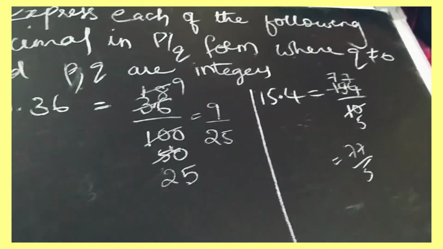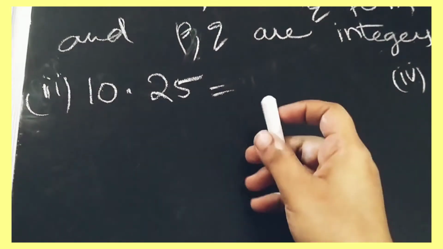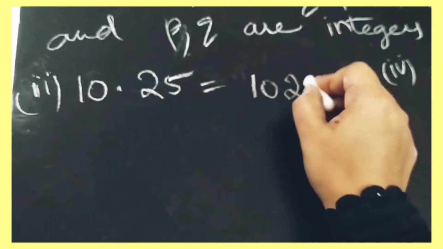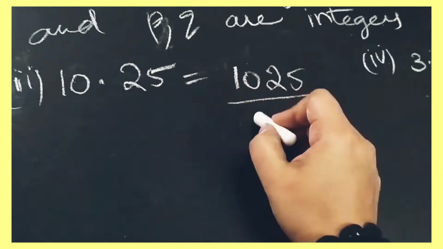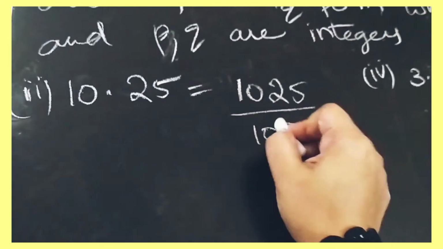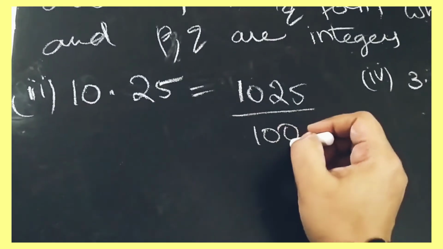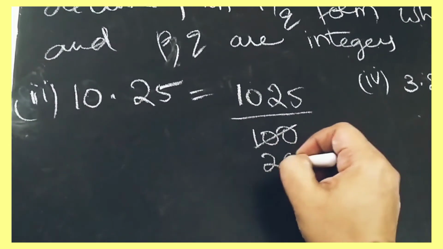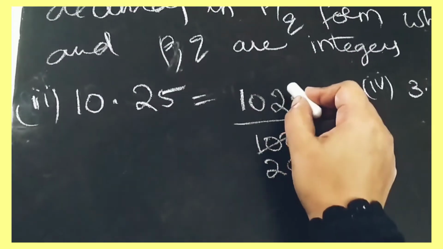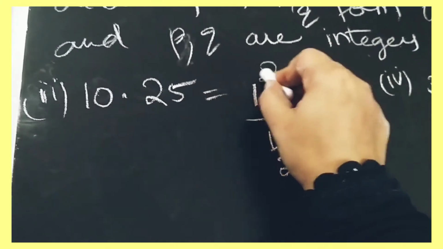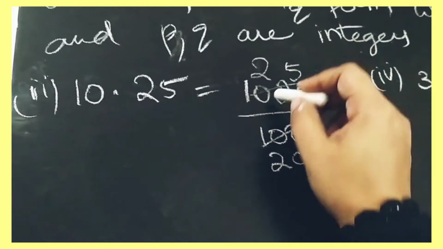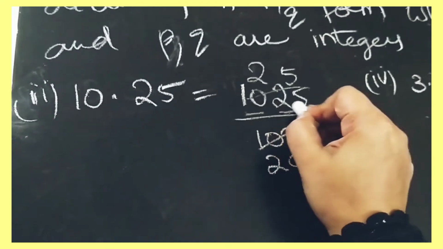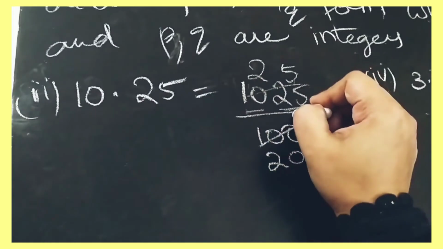Now the third one is 10.25. 10.25 means you have to take 1025 by, again you have to take 100 here. 2 5 is there now, so you have to write two zeros. Now 5 2s are 10, 0. 5 2s are 10, 5 5s are 25. So what we are doing here, we are taking two digits. 5 2s are 10 and 5 5s are 25.